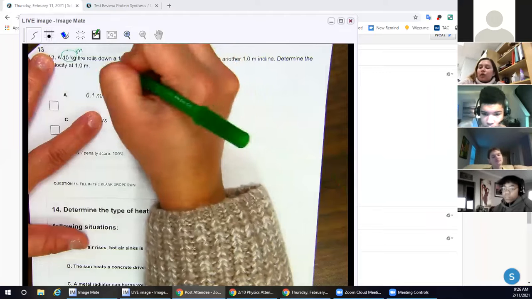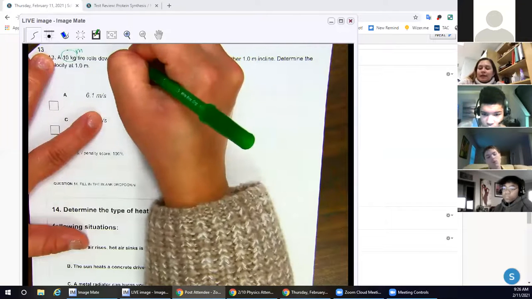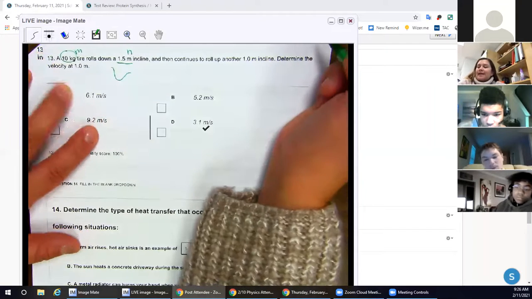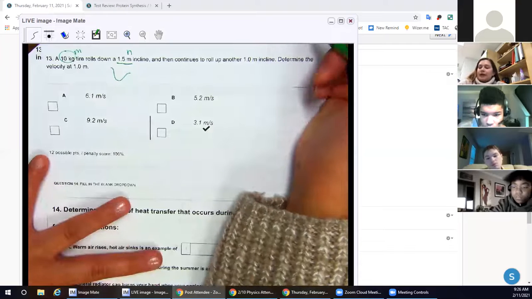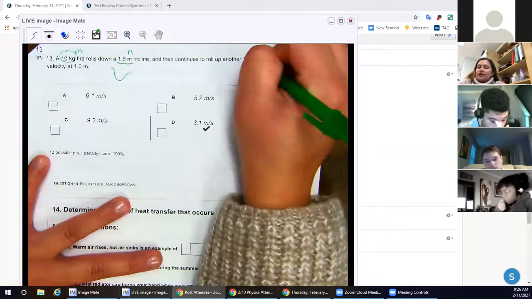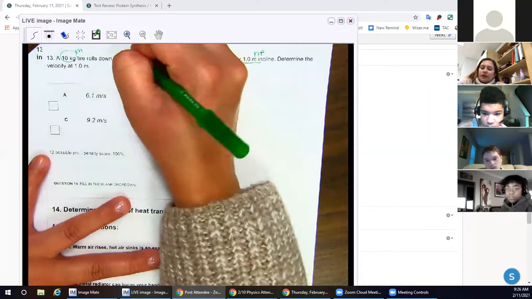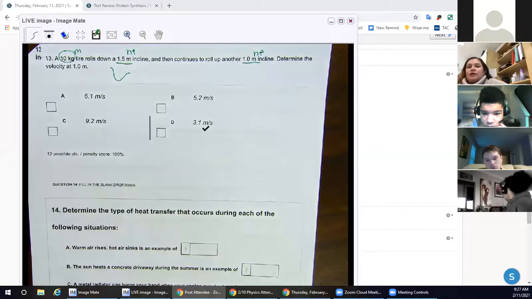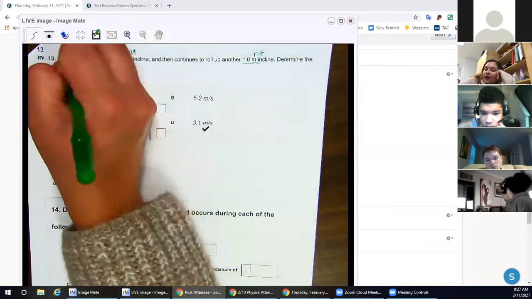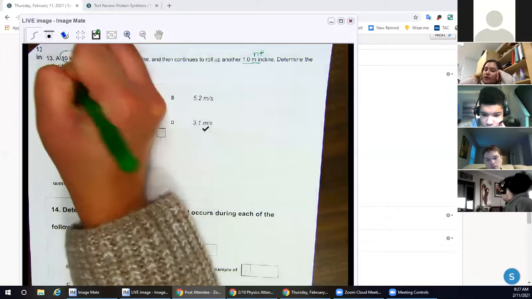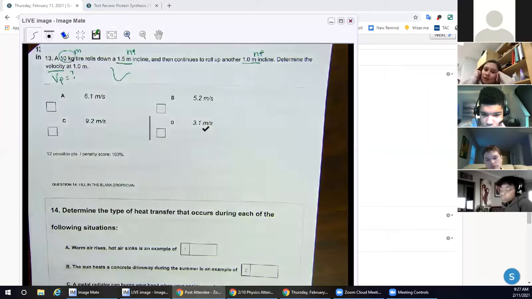It rolls down a 1.5 meter incline, that's our height. Then continues to roll up another 1 meter incline. So that's our second height. Final height, 1.5 was our initial height. Determine the velocity at 1 meter. So we're looking for that final velocity. That's what we're trying to find. Does anyone know what our initial velocity is when it rolls down?